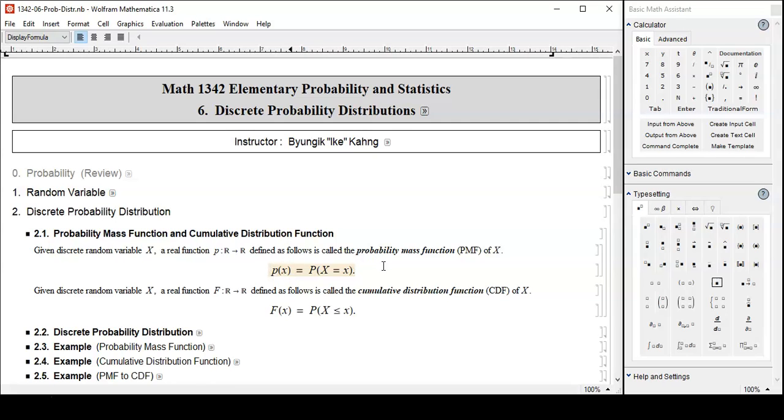This real function, p of x, where small x can be any real number, is defined as the probability that this random variable, capital X, is taking this small x value. Whereas in this case, small x is any real number, where this is the probability that the random variable capital X is taking a value of small x or less.